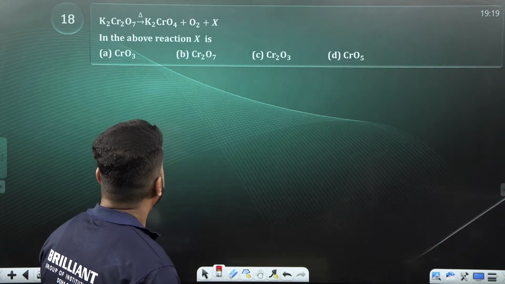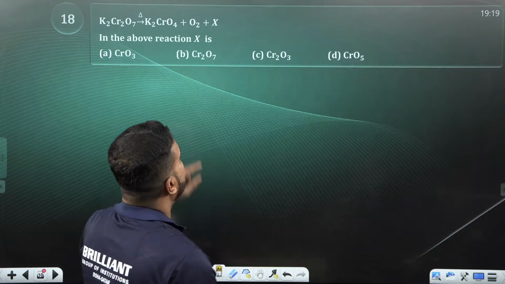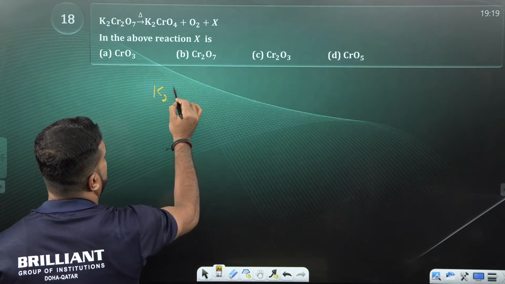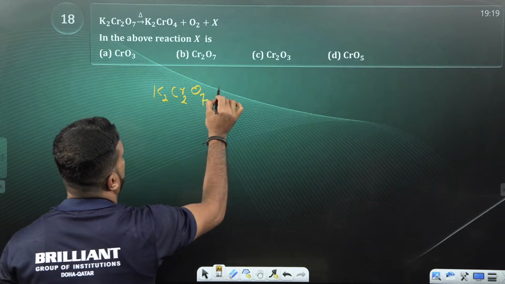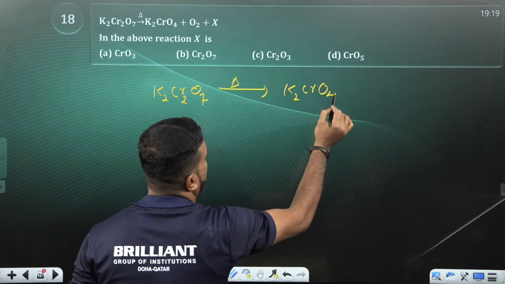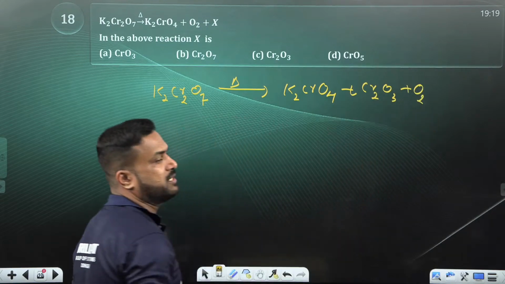Question number 18. This is a direct one from D and F block elements: action of heat on potassium dichromate. We learned that K2Cr2O7 on strong heating gives K2CrO4, potassium chromate, and Cr2O3 plus O2. This is a decomposition reaction.